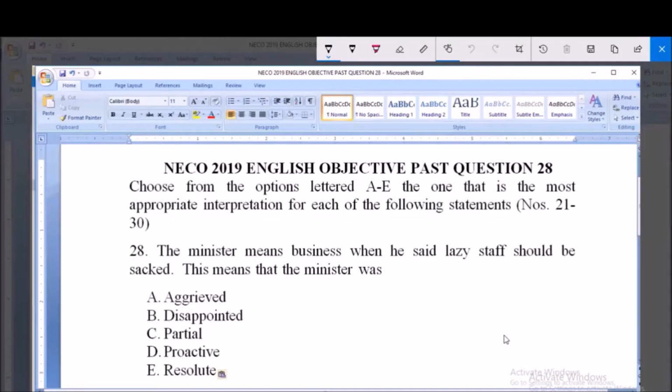Good afternoon, welcome. This is NECO year 2018 English objective past question, question number 28. The instruction to this question says choose from the options lettered A to E the one that is the most appropriate interpretation for each of the following statements.